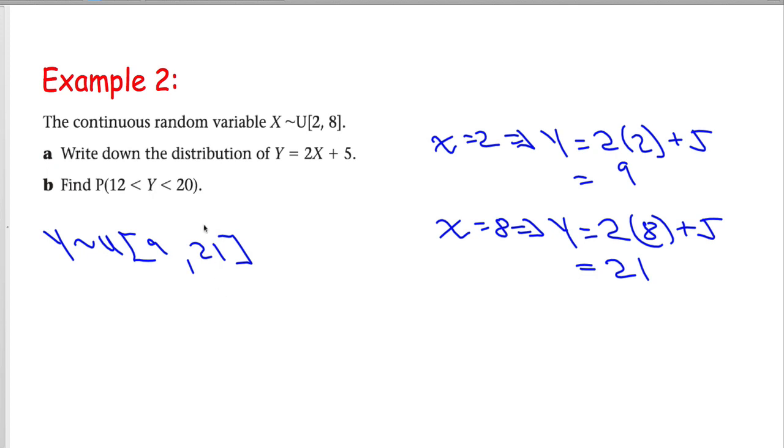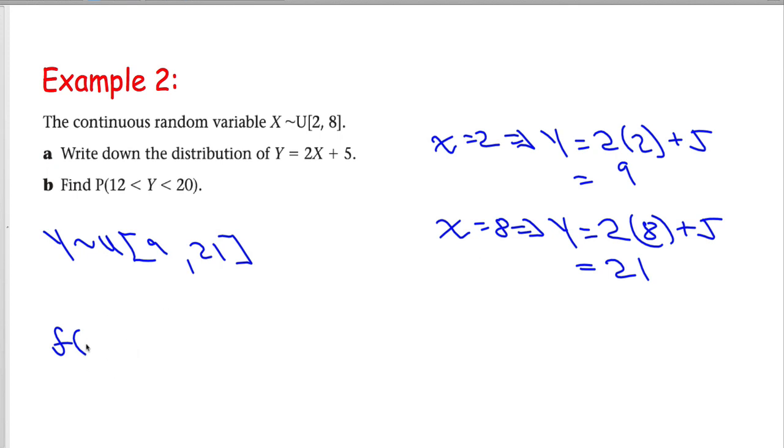Okay, next part of the question, find the probability that y is between 12 and 20. So let's just write down the probability density function for, well, not f of x, let's do f of y.